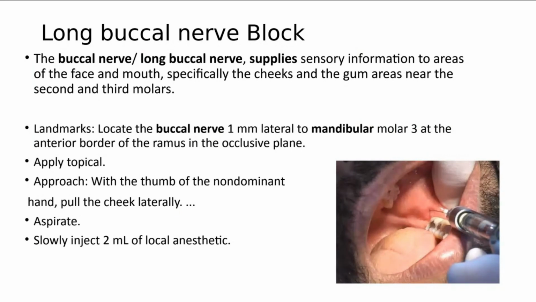Your landmarks here are going to be, you will need to find the third molar, which is this third molar, and go toward the anterior border of the ramus, like the anterior border of the ramus here, and you just inject in between right here. Okay, you pull out with your thumb to flatten this area and go in this point right here.